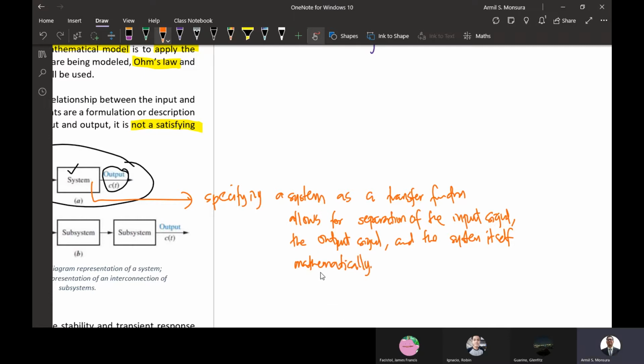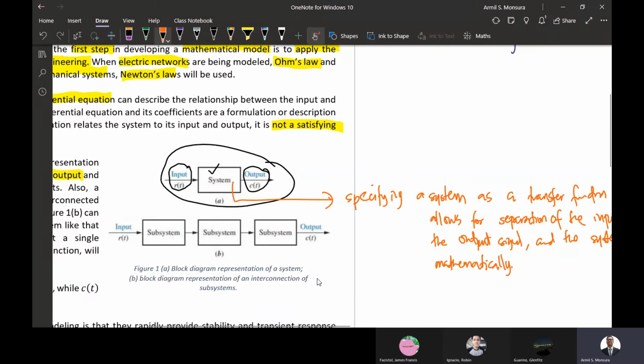Okay? And what is more convenient with the use of transfer function is that it also allows us to interconnect systems, and it is still mathematically convenient for us to manipulate interconnected systems. Okay?